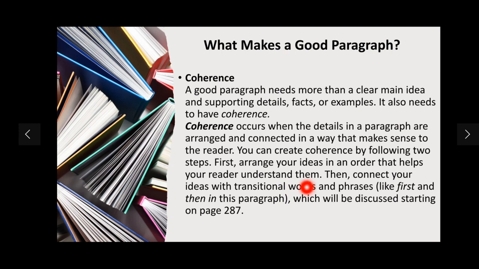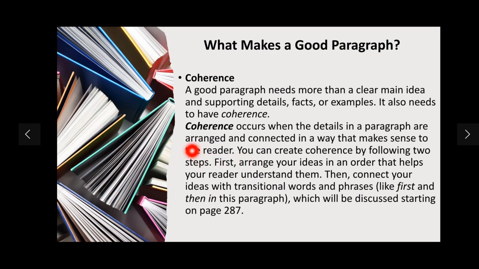First thing, second, third, fourth, fifth, sixth, seventh. In proper order. In this way, your reader can sense and understand your writing. Then connect your ideas with transitional words and phrases like first, then. So in this paragraph, which will be discussed starting on page 287.